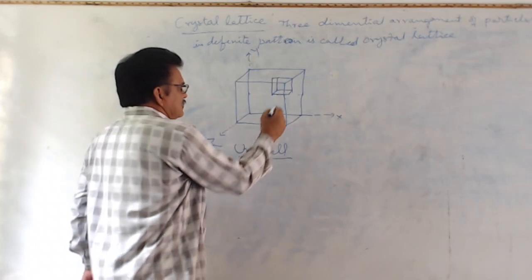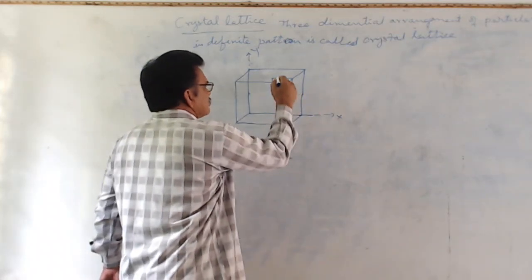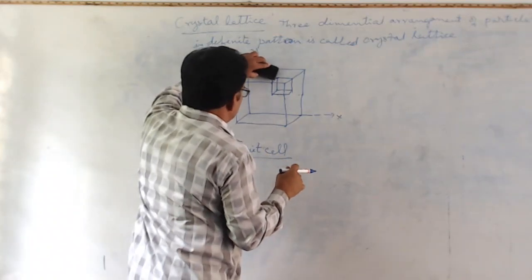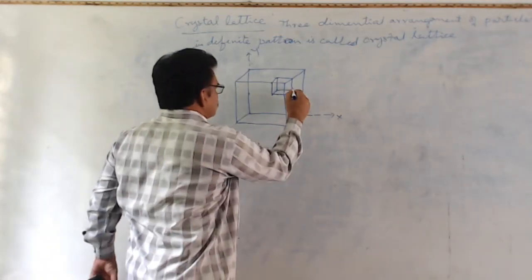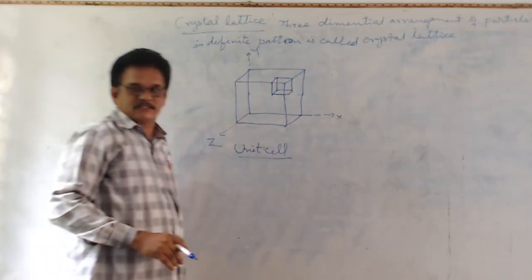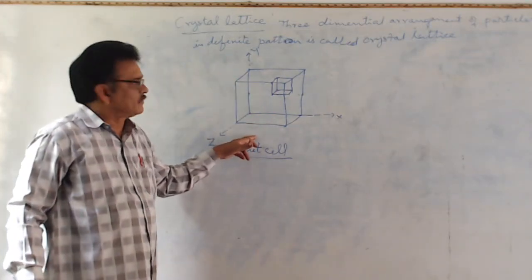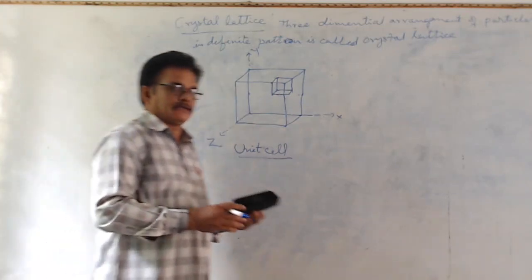You see this is also resolved along x-axis, y-axis, and z-axis. So this is the smallest portion of the crystal lattice which repeats in all the three directions.